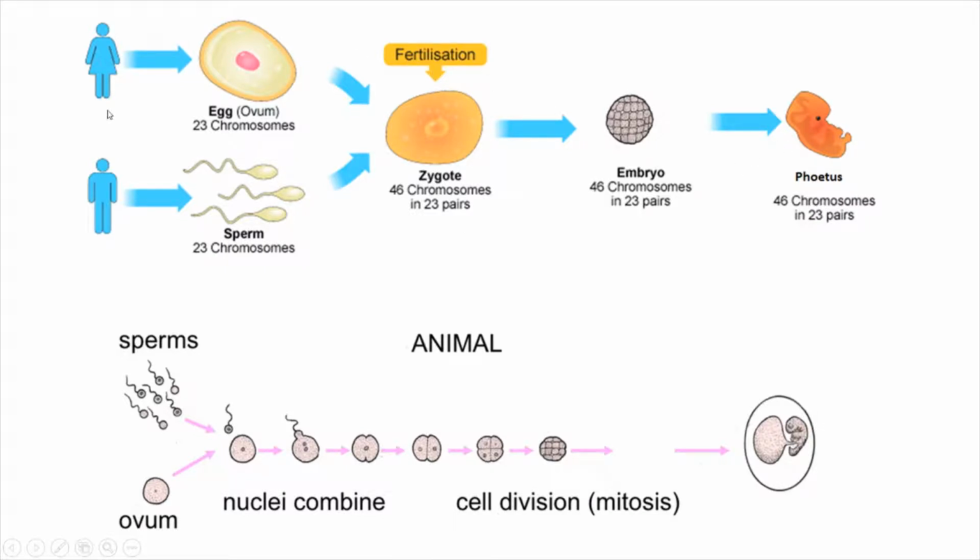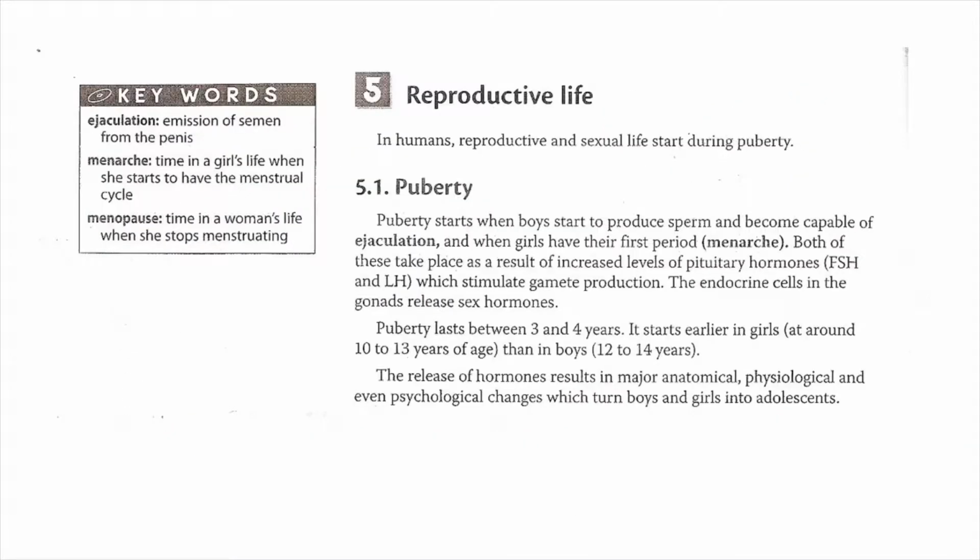Okay, so we've got gonads, remember, producing gametes that in fertilization form the zygote that transforms into an embryo, then a fetus, and then the future baby. Those are very important names that we are learning in this unit, page 110 in this case. And you also have in this page something about the reproductive life.